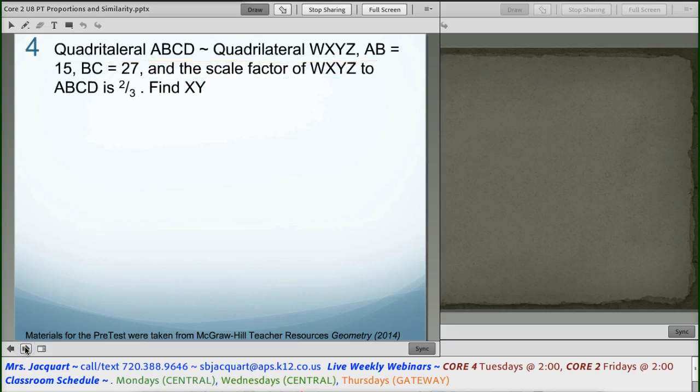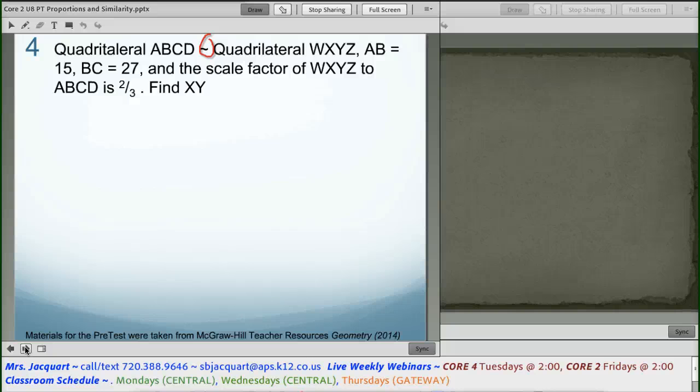Quadrilateral ABCD is similar to WXYZ. AB equals 15, BC is 20, and the scale factor of WXYZ to ABCD is 2/3. Find XY.